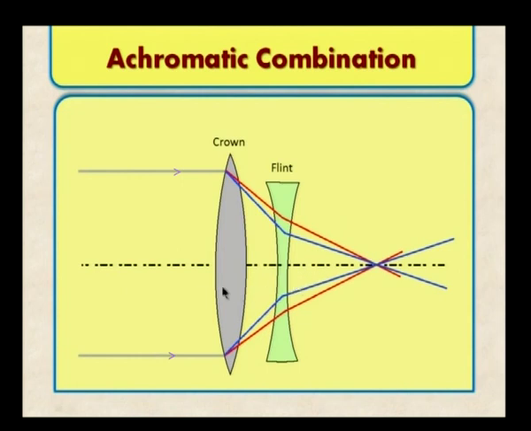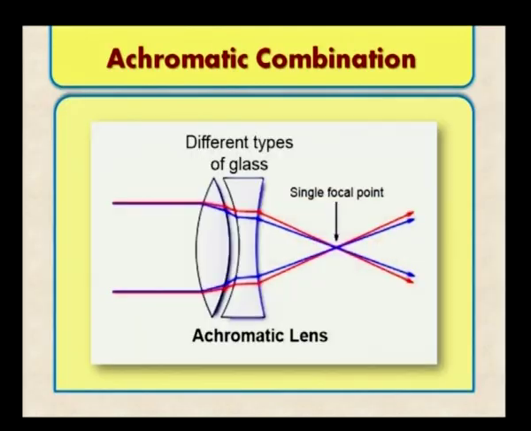You have a crown glass and a flint glass, and these two are made use of to make the light beams of different colors get focused at the same point. See, the violet comes to focus at the same point, and red also is getting focused at the same point. Thereby, the defect that you had earlier, the chromatic aberration, is eliminated, but of course, in principle it cannot be eliminated. This is an exaggerated picture, it can be minimized, and I will show the same thing once again.